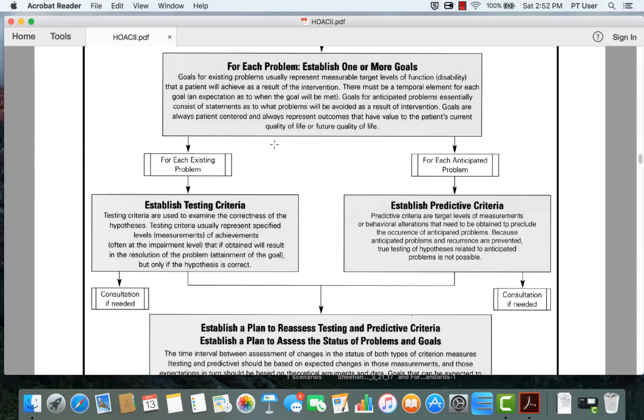Predictive criteria is a little bit more complicated, so I'm going to use testing criteria as an example. An example of establishing testing criteria to test your hypothesis would be you writing or documenting, and it doesn't really matter where right now. We're more just focused on understanding the concept. You documenting that in order to eliminate the problem, my testing criteria is 3 out of 5 muscle strength on the right vasti muscles.